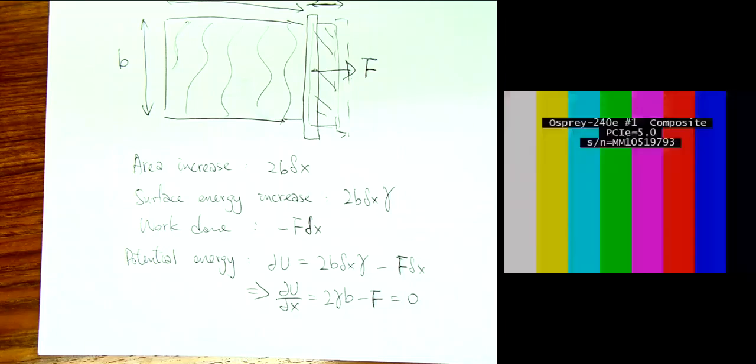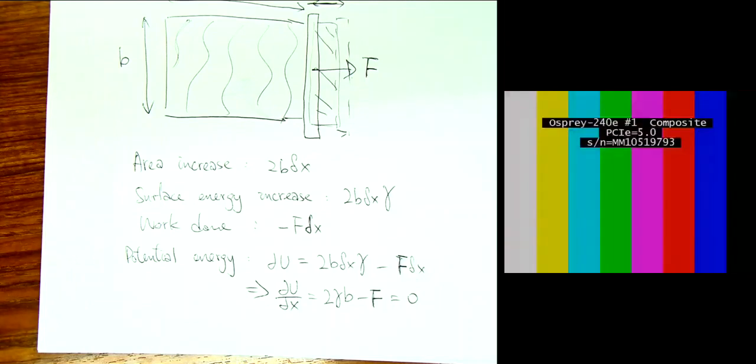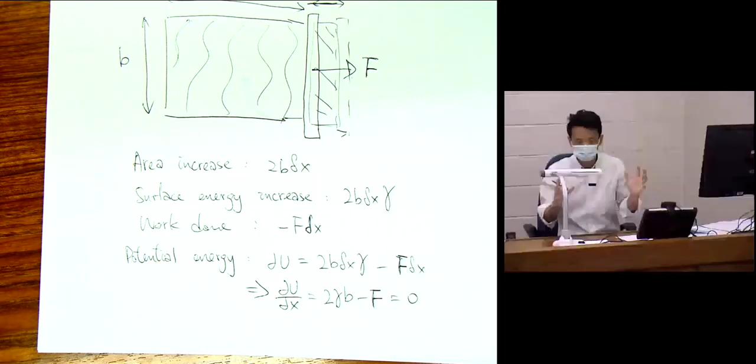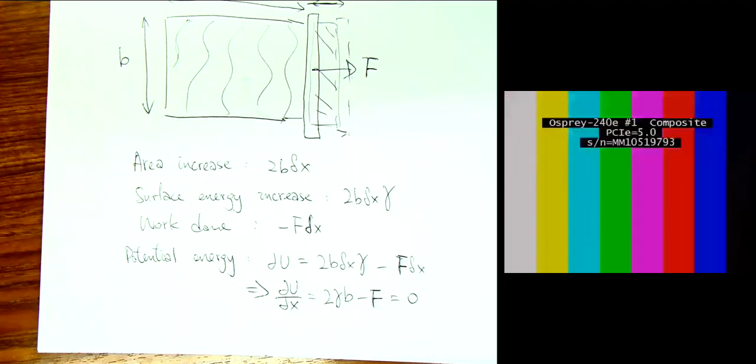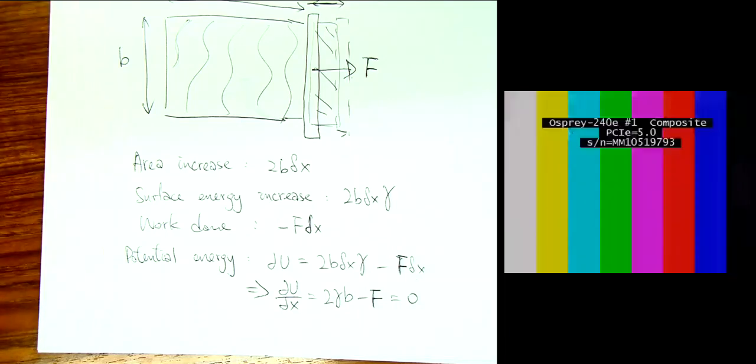So I hope you remember that from intermediate mechanics of materials. Okay? So whenever the derivative of potential energy is 0, that means that now the body is in equilibrium. There's no acceleration and no momentum anymore.